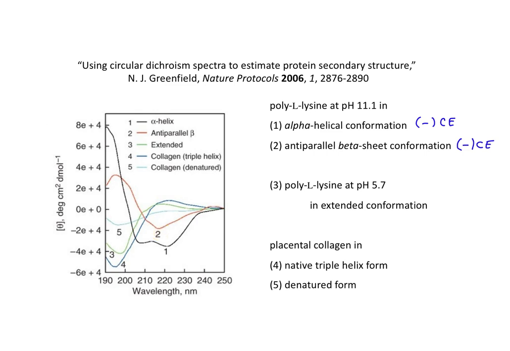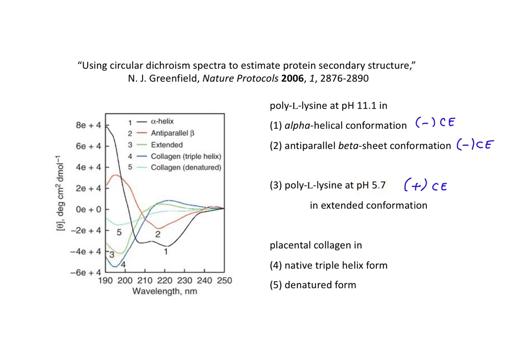What I find particularly striking is that at acidic pH, when all of the side chain amino groups of lysine are protonated, the protein adopts an extended conformation so that positive charges are further apart. And that extended conformation, which is the green curve 3, has a positive Cotton effect.